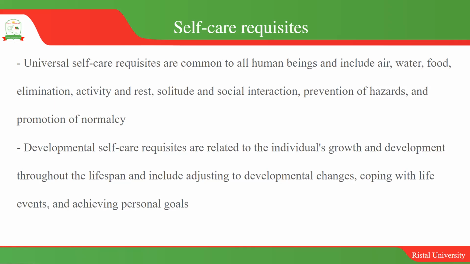And then they can engage in physical activity. They can have enough sleep, enough rest, solitude. They can interact with others, and they don't get exposed to hazards, and also promotional. They can engage in promotion of normalcy. So these are things that everyone really needs to be able to do in order to be healthy.